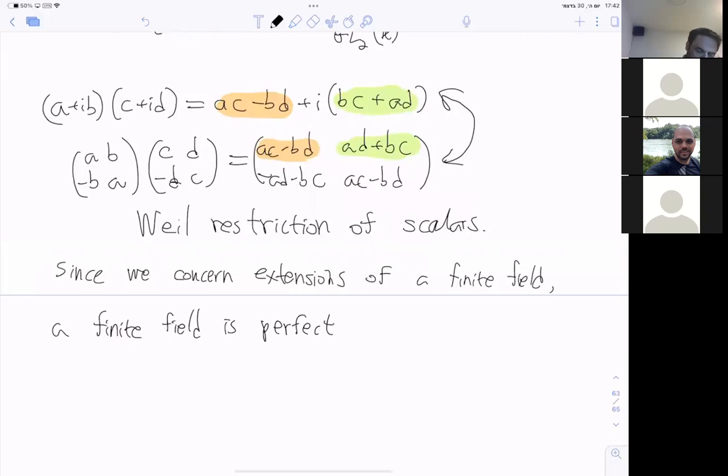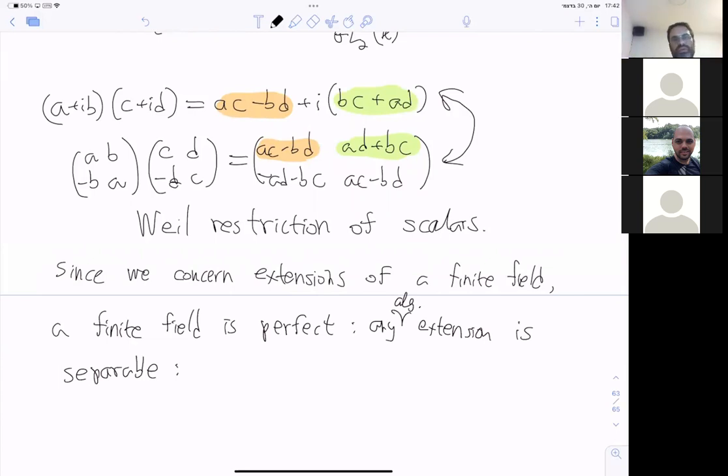Why do I mean perfect? I mean that any algebraic extension is separable, which means that you have n distinct roots. So you can just take the roots for your basis.